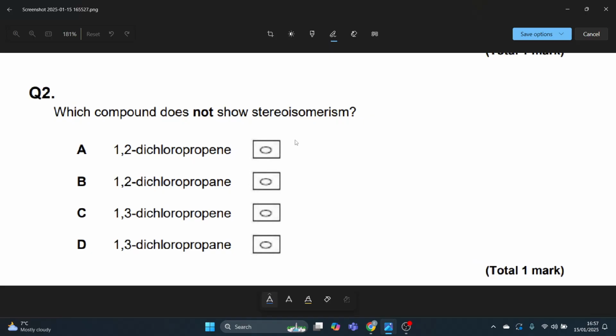1,2-dichloropropene. If we look at this, alkanes have no carbon-carbon double bond. Actually, no. 1,2-dichloropropene: methane, ethane, propane, assuming propene, so we need a carbon-carbon double bond, a chloro on the first carbon and a chloro on the second carbon.